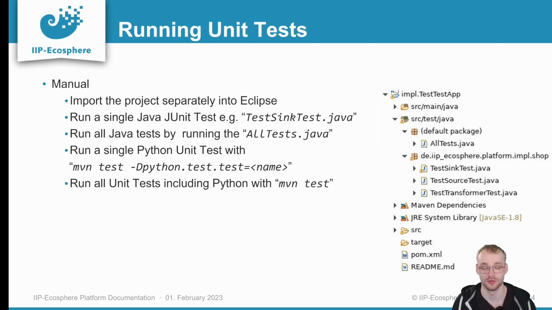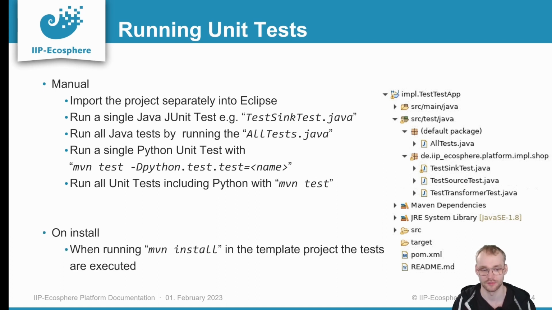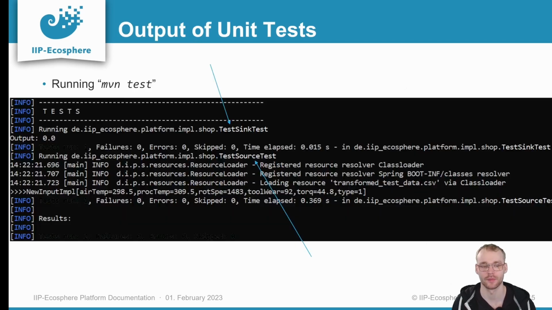You can run all unit tests, Java as well as Python, by just running mvn test. Also, if you don't want to do the testing separately, you can just try to run mvn install and the tests will also be ran there. If you're running into problems with this, this might just take a bit more time because there is a bit more involved in the install command than just the test command.